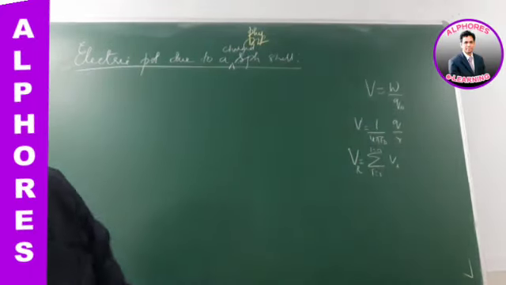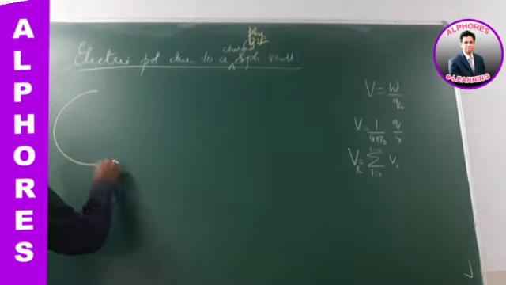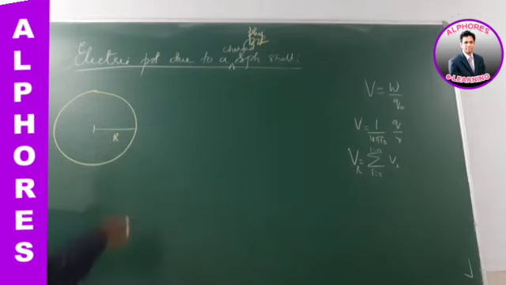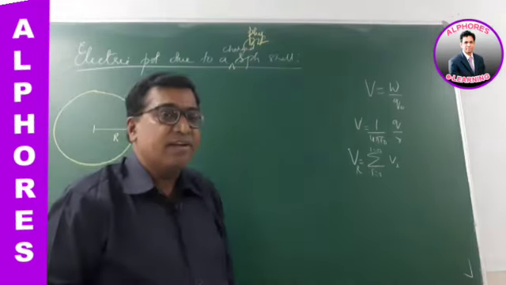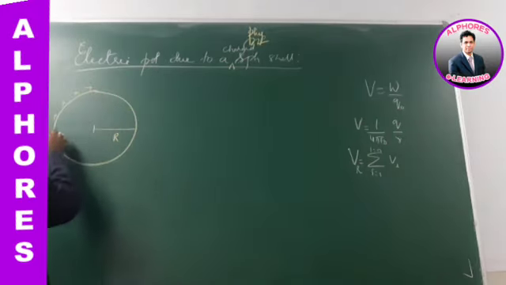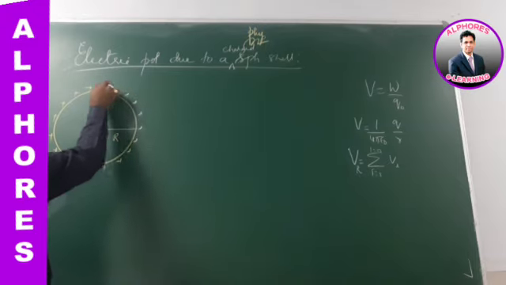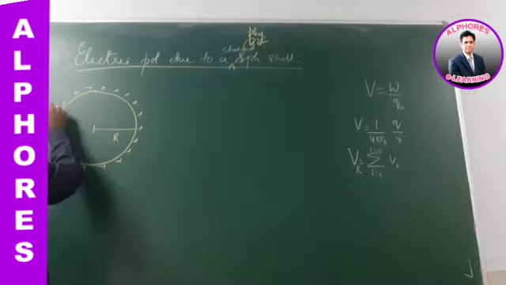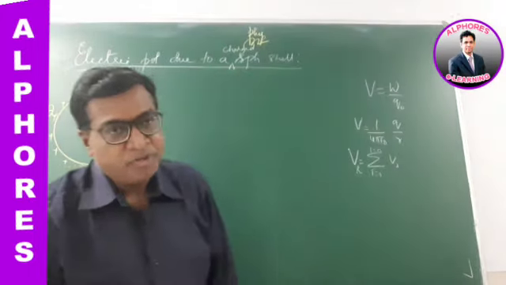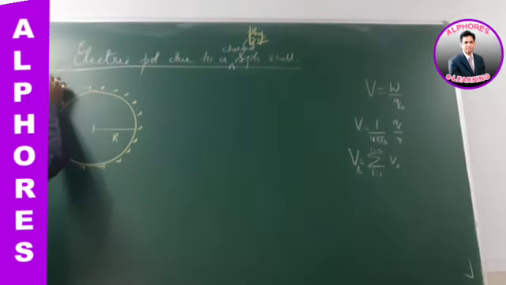Let us consider a hollow sphere, which is uniformly charged with an amount of charge capital Q. Sometimes you can even be given the surface charge density. Suppose the surface charge density is sigma.